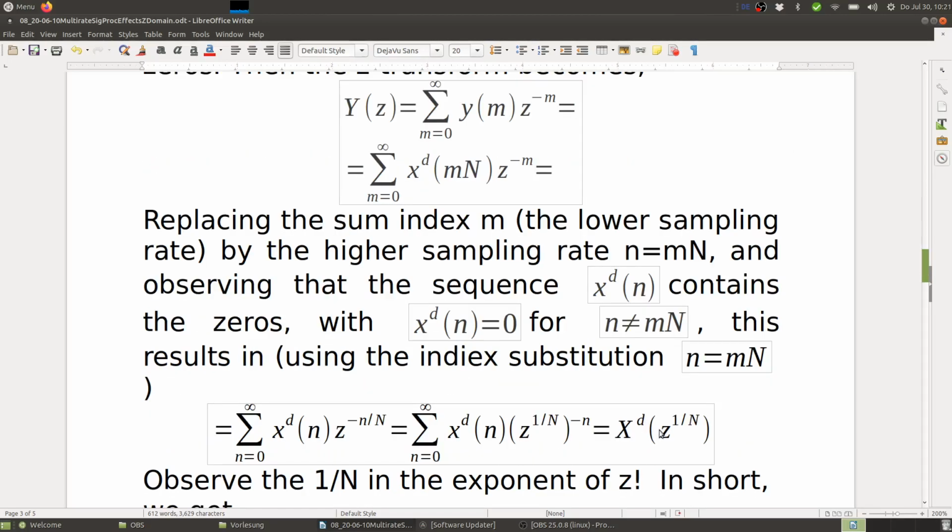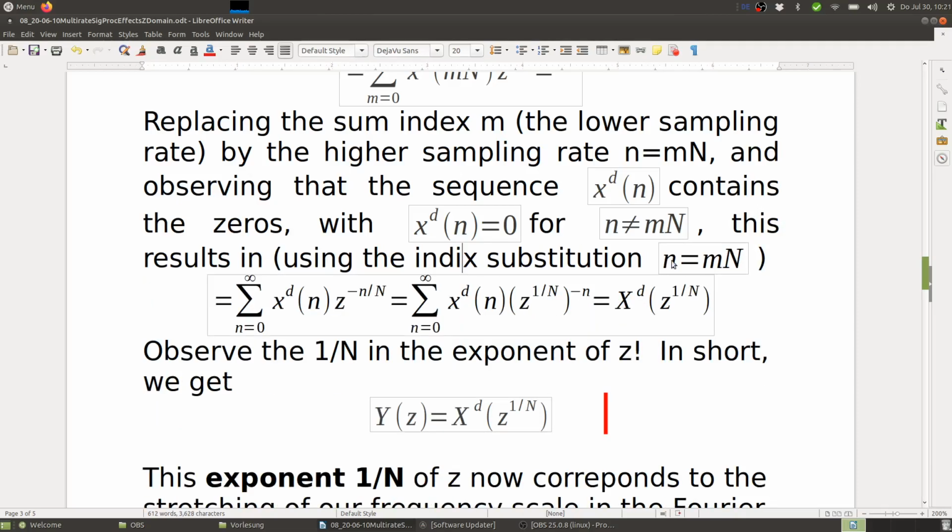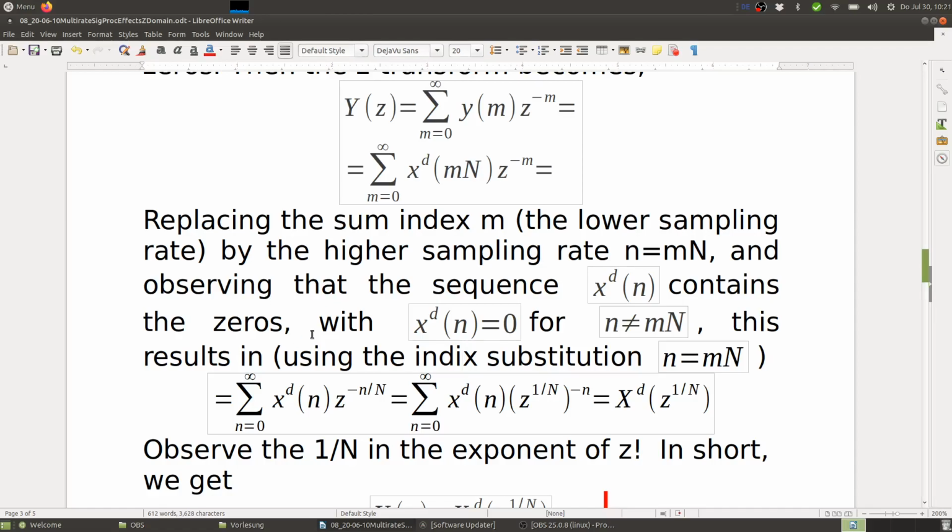And this results in this expression here using the index substitution n equals mN.